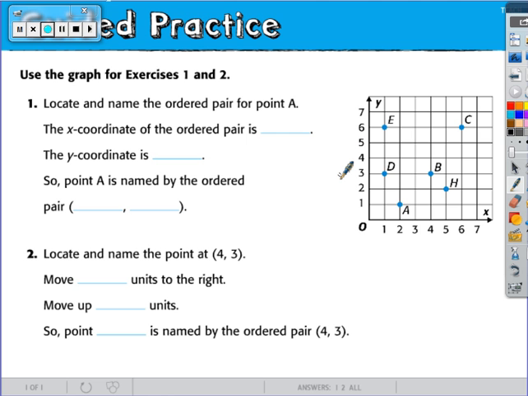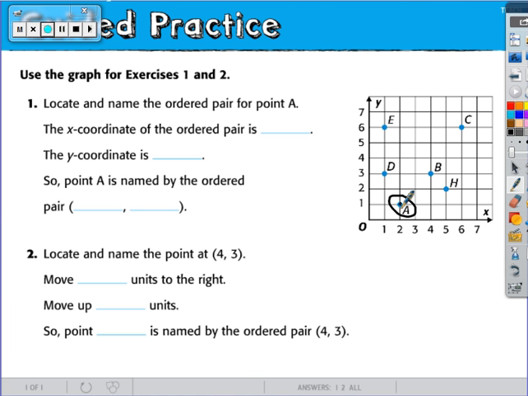We're going to locate and name the ordered pair for point A. So, first of all, we have to find point A. So I come over here and I circle A. There's A. Now that I've found A, I need to find the x-axis. So if I start from point A, which direction do I move to find the x?